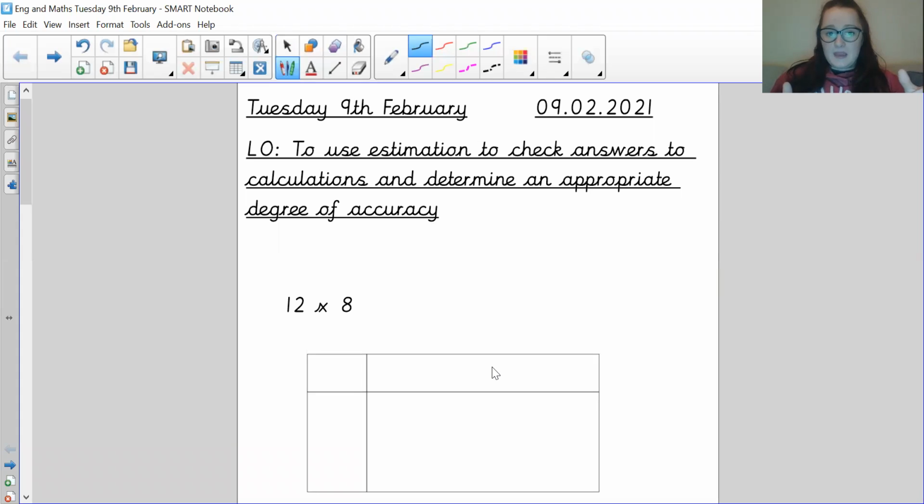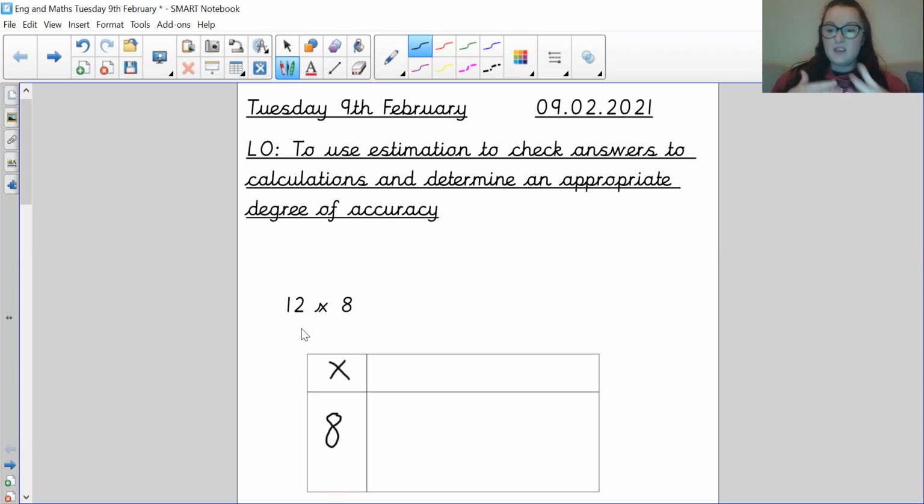And when we're estimating, it doesn't have to be the right answer. This shows us a rough guess of what number we're going to get. So what I'm going to do is put my times in here, and then I'm still going to put my 8 in here. But with my 12, I'm going to round it down to the nearest 10.